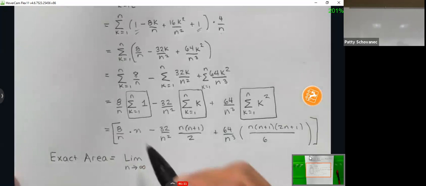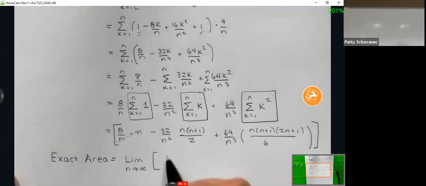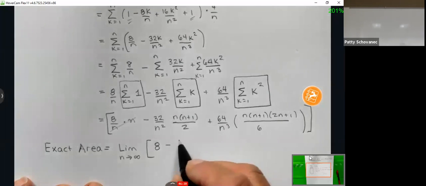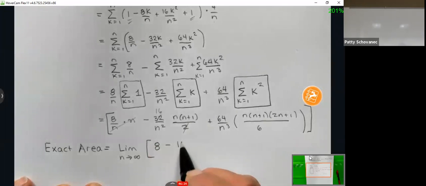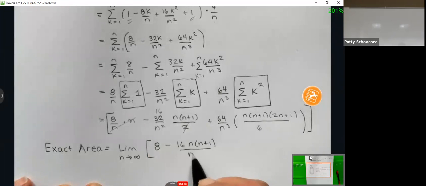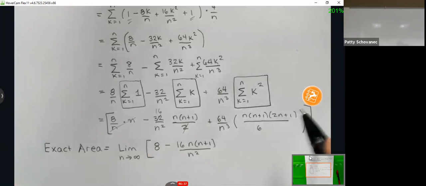So I'm going to put that here, but I'm going to cancel this pair of n's right here and get 8. Then I'm going to have minus, let me go ahead and cancel the 2 with the 32 and get 16 times n plus 1 all over n squared. In here, I can cancel, let's see, 64 and 6 are both even.